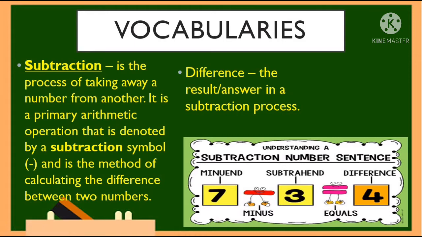Of course, we have the equal sign here, equals, and the answer in a subtraction process is the difference. Okay? 7 minus 3 equals 4. That is the difference. Alright? Don't forget those vocabularies. Okay? Those are the parts of the subtraction equation.